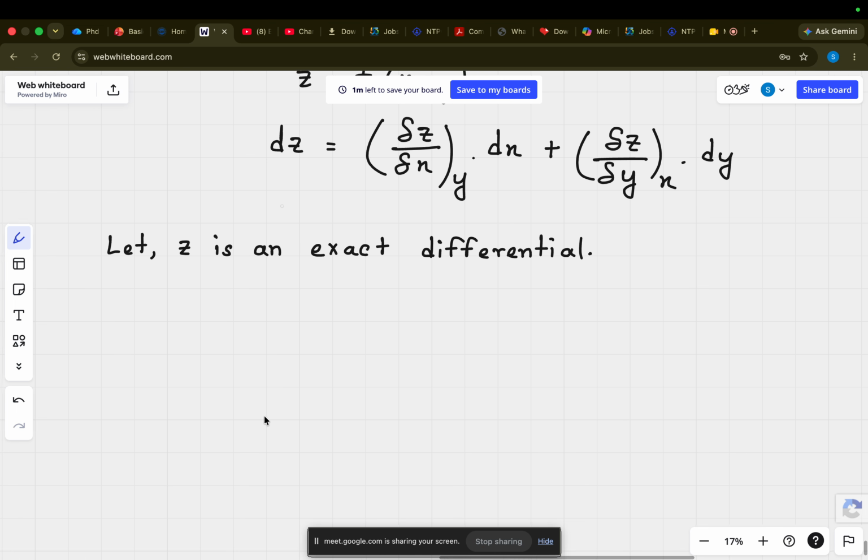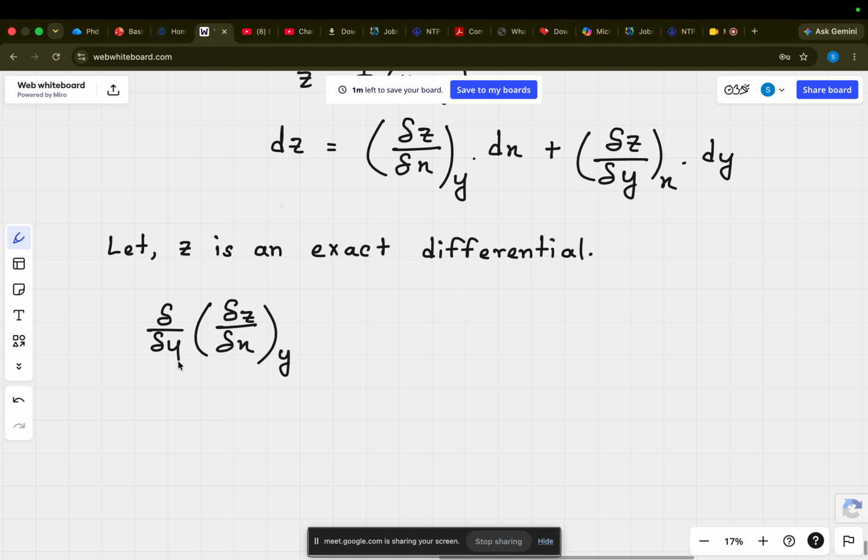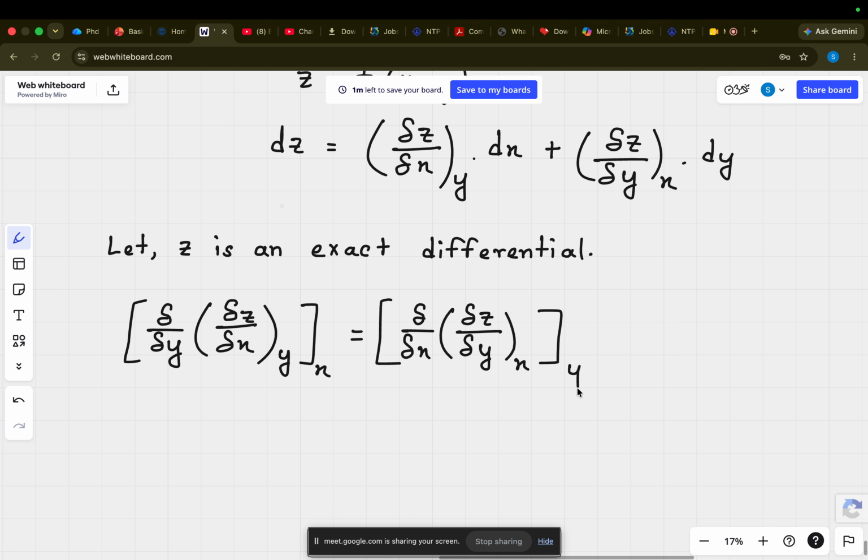According to that formula, what we can write down: del z by del x at constant y, now we have to differentiate with respect to y, del y, when your overall constant is x, is equal to del z by del y at constant x, and then del x, when the overall constant will be y. So this condition they have to follow.